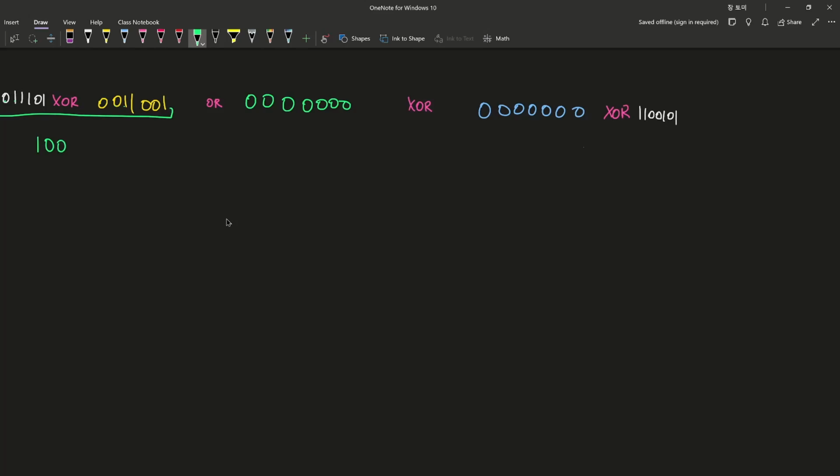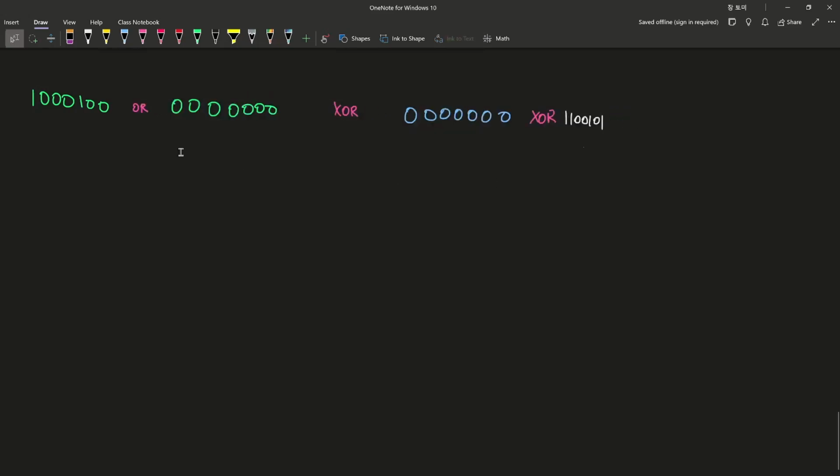Fourth digit, they are the same, that's 0. Fifth digit, different, that's 1. Sixth digit, same, that's 0. Seventh digit, same, that's 0. Okay, we can delete this part. And get this number to replace.